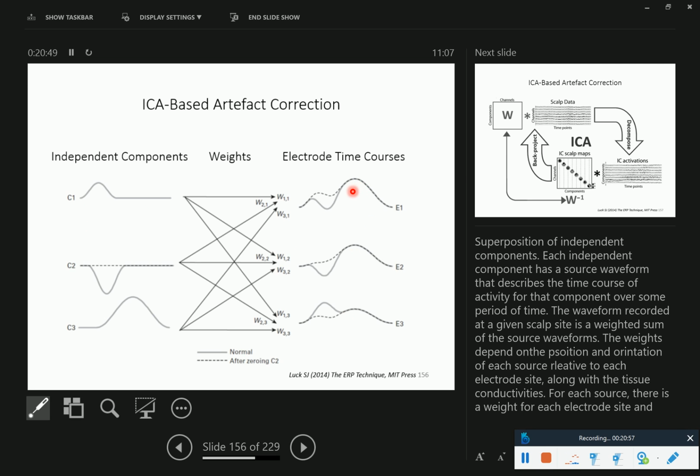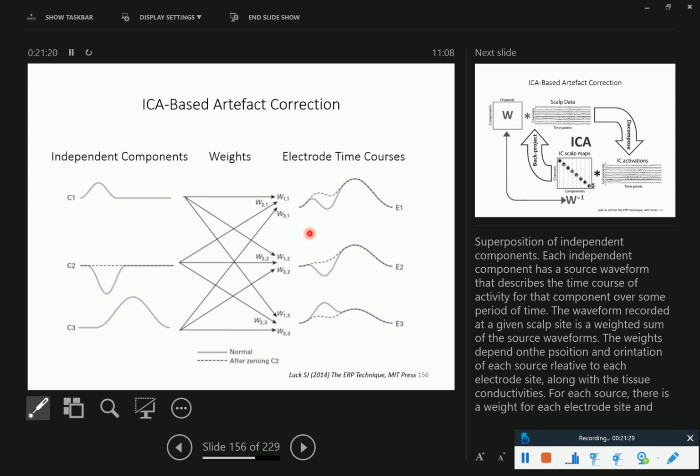And if you look at it from the perspective of the electrode rather than the component, then each electrode time trace gets contributions from all 3 components by means of these weights, W11, W21, W31.